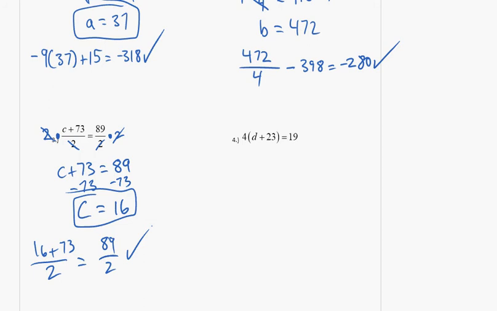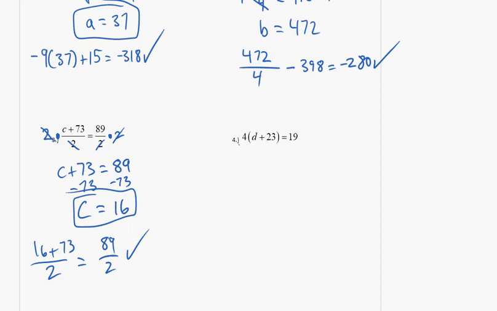Okay, and the last one, there's actually 2 ways to do this problem. I'm going to start by doing it as a 2-step solving problem, although actually most people I think would do it a little bit differently, even though it's more steps. I think the easiest thing to do in this problem is to start by dividing both sides by 4, since we've got this 4 here and it's multiplying this set of parentheses. We're going to save that set of parentheses for last.